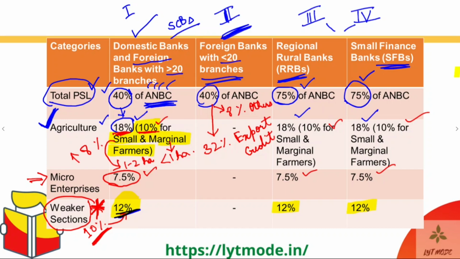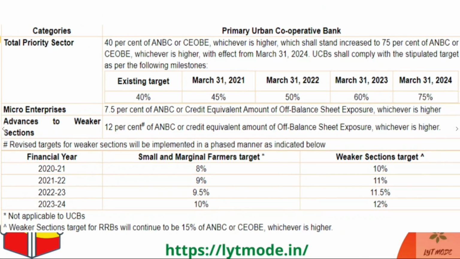Okay, and when you move to the next slide, you can see over here that the target for small and marginal farmers has been changed, and it is not like it was 8% today and suddenly it has been changed to 10% tomorrow. No, the banks have been given around 4 financial years to increase it to 10%.